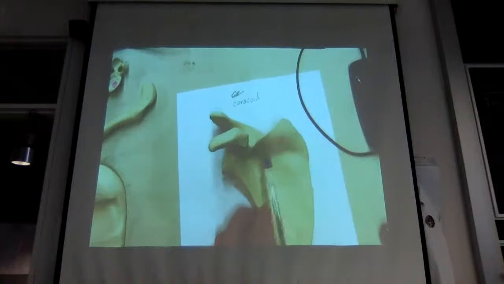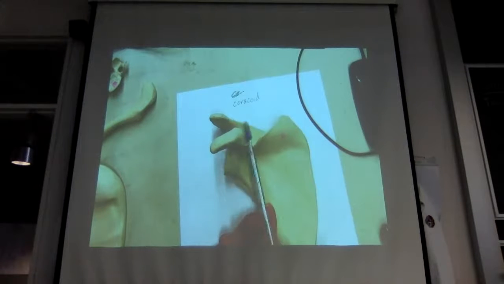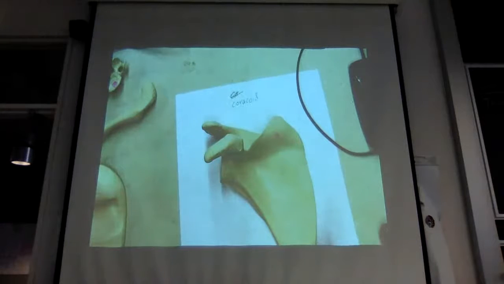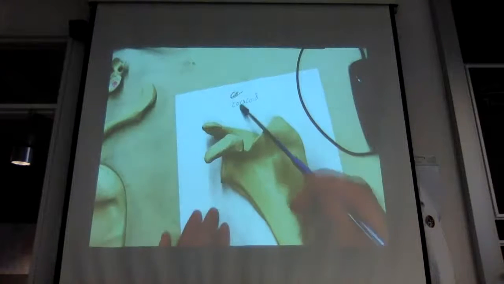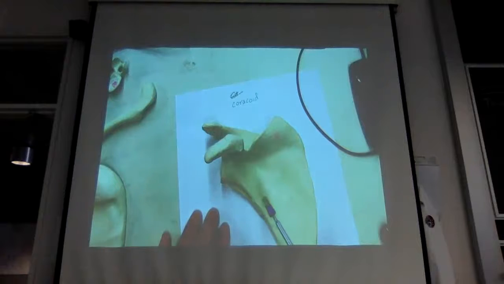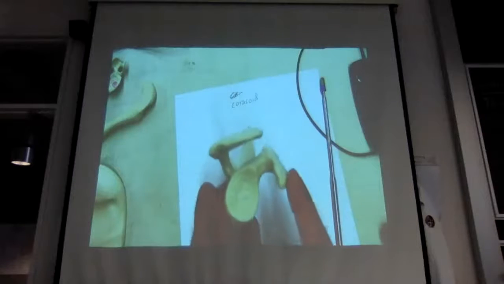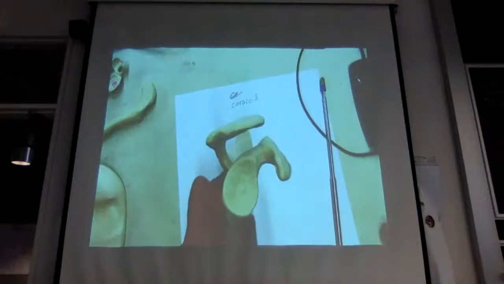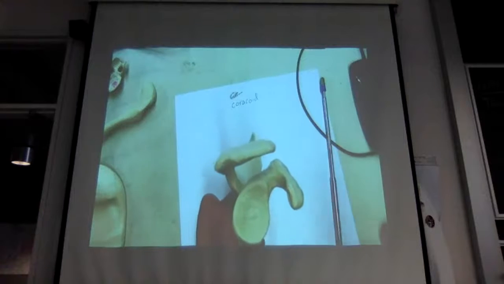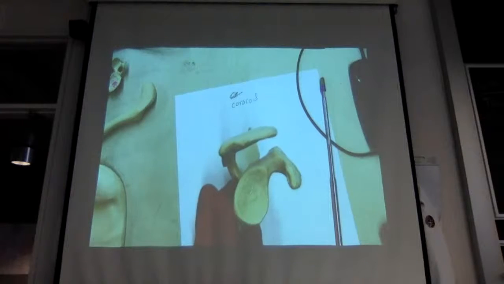You can picture this as a beak, like here's a bird's head and here's a beak, or you can picture this as a perch that a bird sits on. Either way, that's coracoid. It's an important attachment for muscles and tendons. Coracoid is more anterior. The acromion process is a little bit posterior, superior.